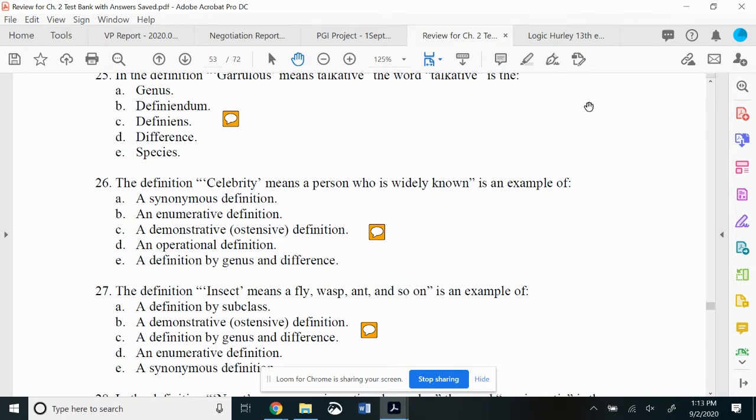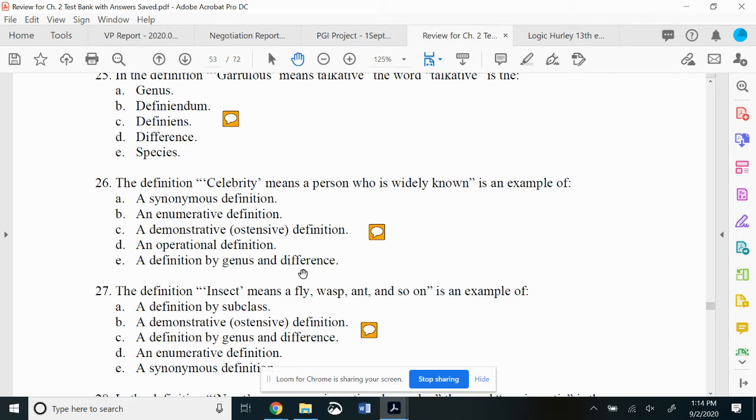On the outside of the circle, what would be the most broad? Yep, person. I could draw another circle inside of that circle. It's a type of person. Yep, celebrity. And what's the thing describing the celebrity? Widely known. So what is this? Yes, genus and difference, or genus and species.